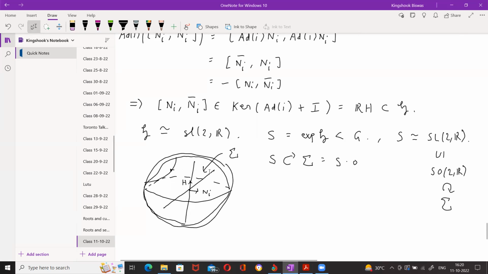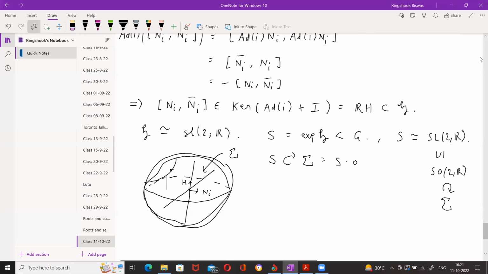Therefore the images of this initial geodesic under S stay inside sigma. Those will give me geodesics of the whole space inside sigma, connecting any two points in sigma. So this is geodesically convex, right? Okay, so that's the picture.